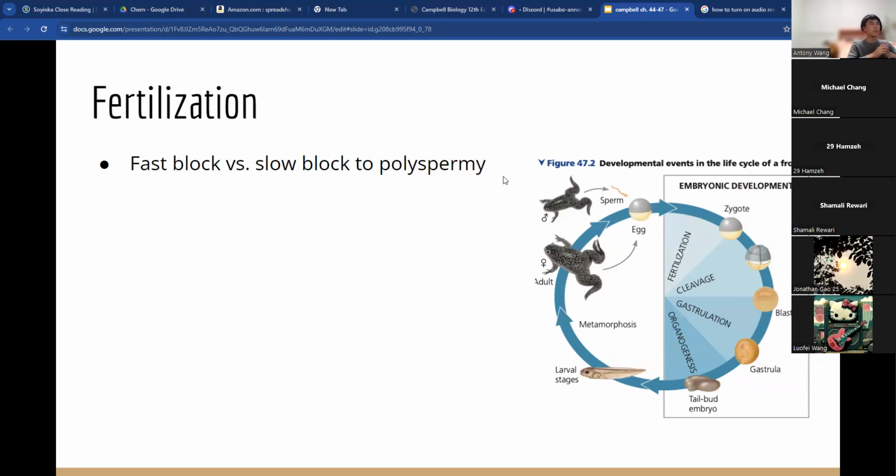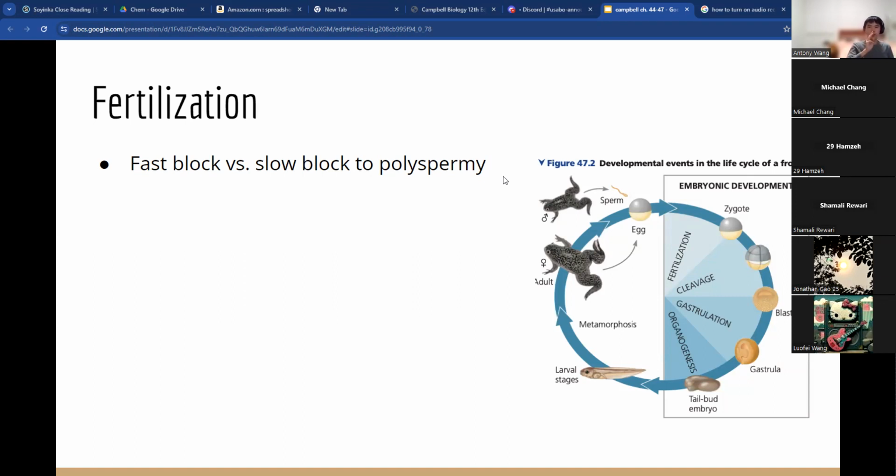That's what you want. But let's say we're talking about frogs, and frogs spawn a bunch of eggs in the water, right? What happens if a sperm gets into an already fertilized egg? So now this egg has two sperm nuclei and one egg nucleus.